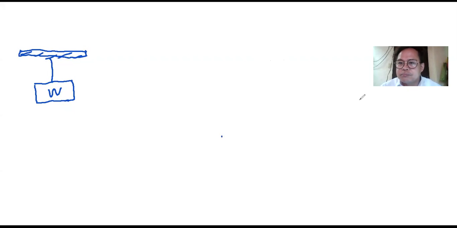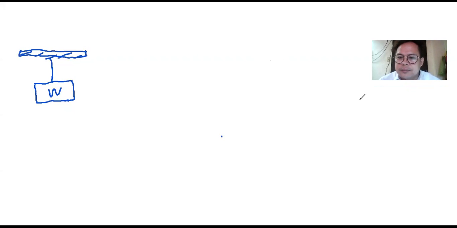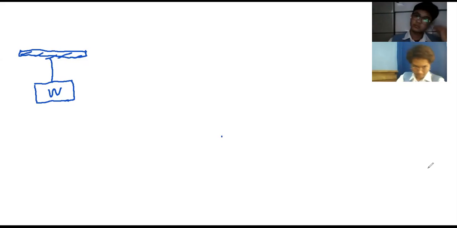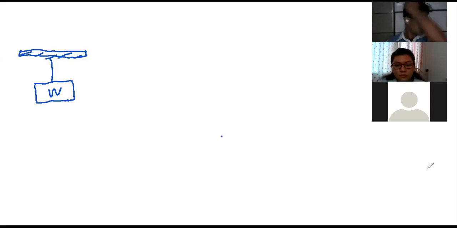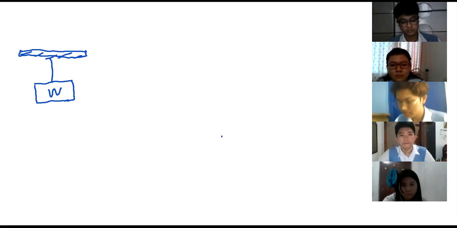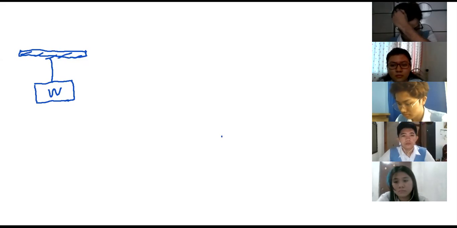Let's have from... you're not opening your cam. Can you open your cam, please? Guile, what's the reason why the object is in that certain position? Look at the drawing.